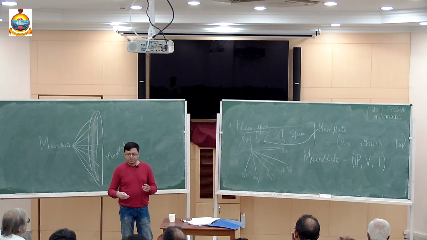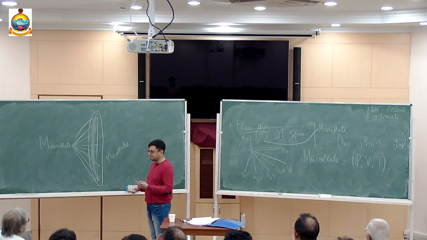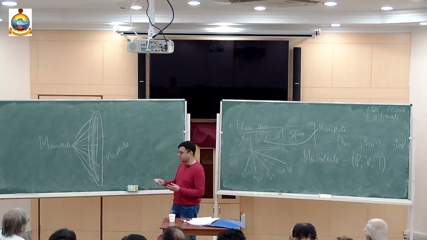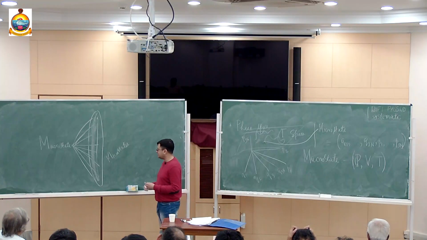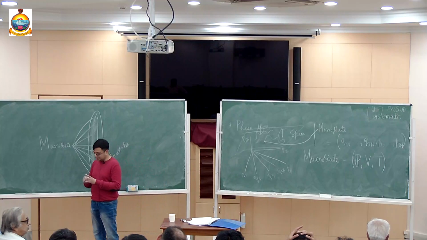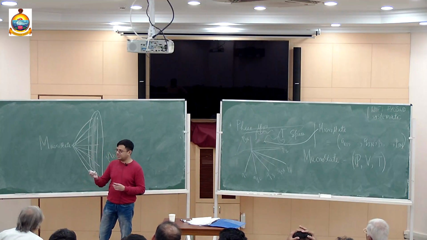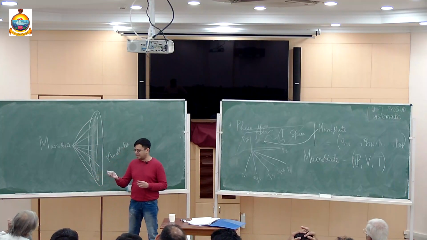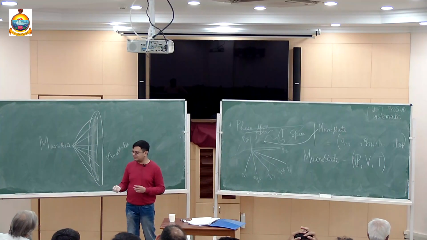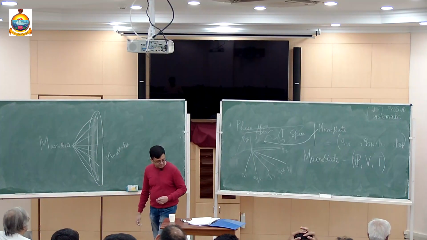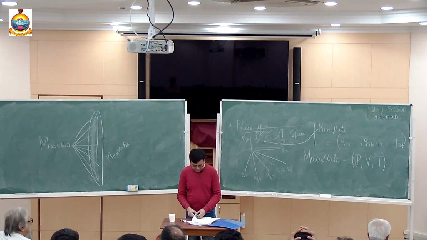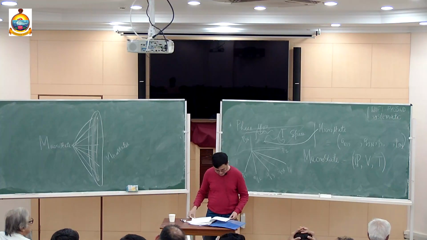Had it been 1 degree of freedom, then probably I could have said. But since this chalk consists of so many atoms and molecules, if I tell you the length and the temperature and the pressure and so on, there is no way to find out the microstate of the system.